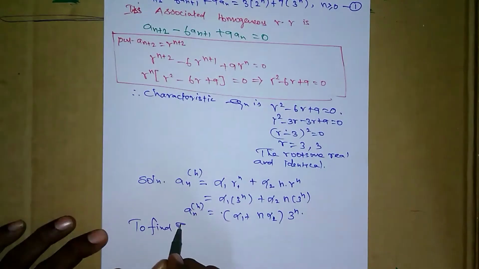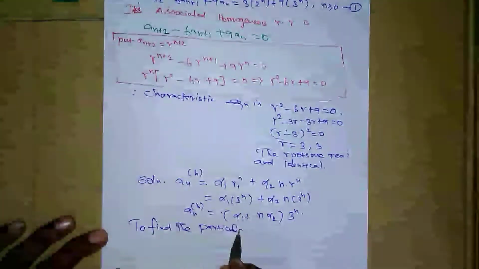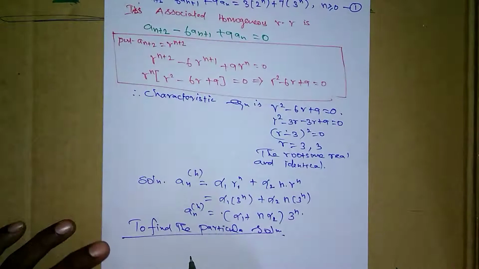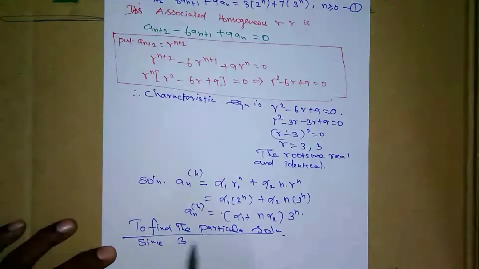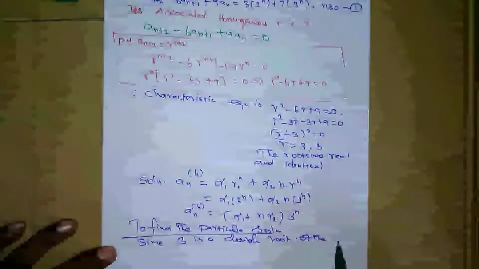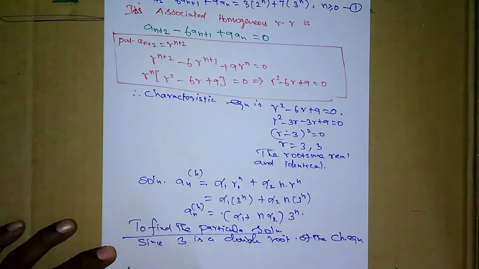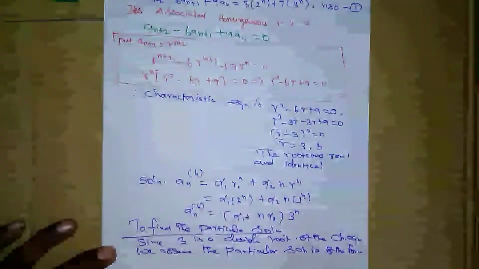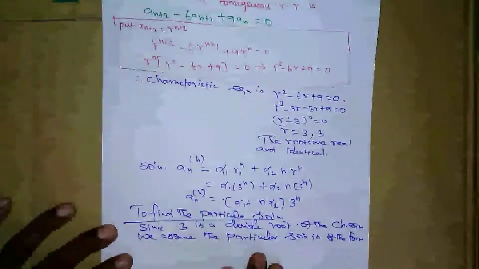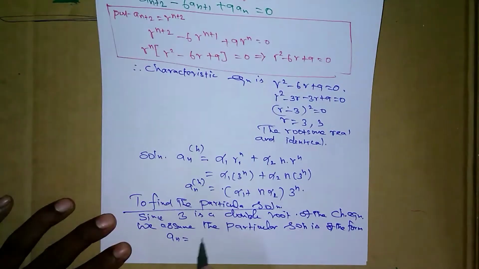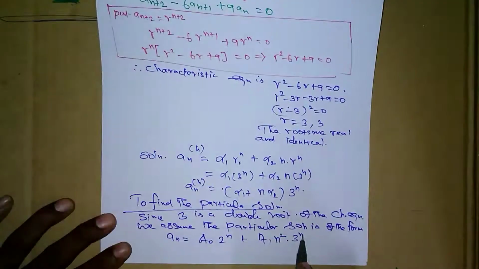To find the particular solution, since 3 is a double root of the characteristic equation, we assume the particular solution is of the form a n equal to a naught 2 power n plus a1 n square into 3 power n.